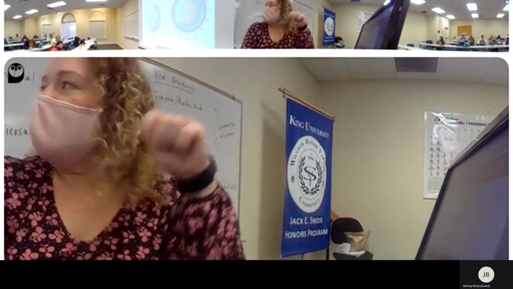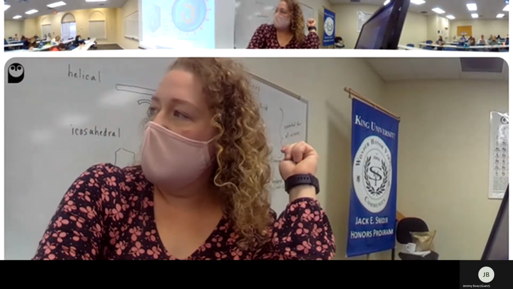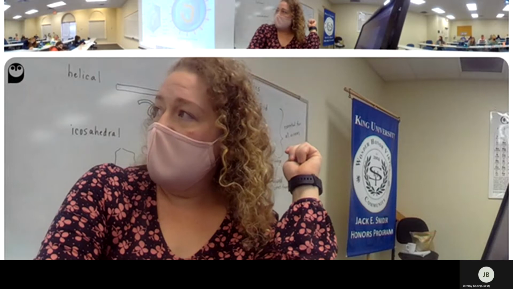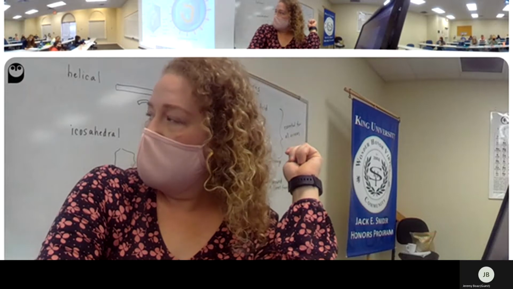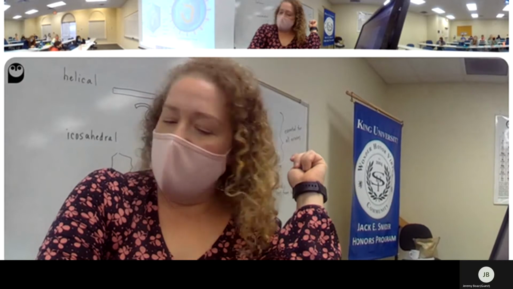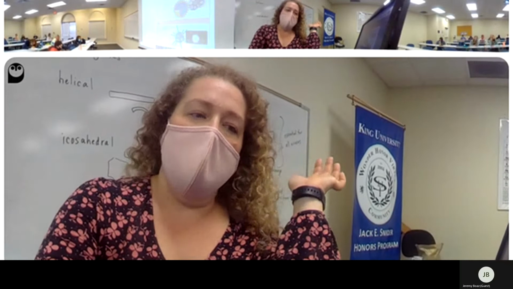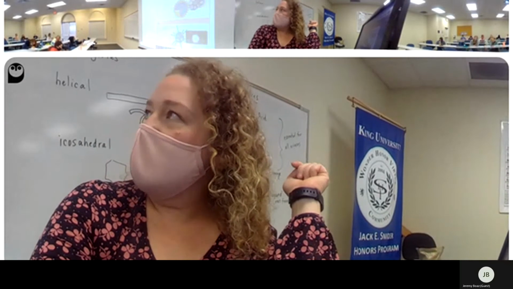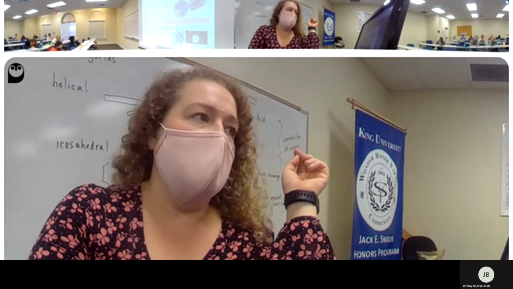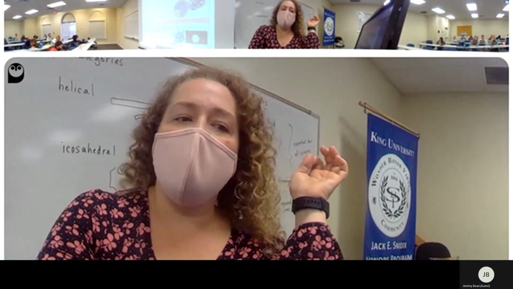So viruses might be as simple as just having the genome and the capsid. And if they've got an envelope, we call their category enveloped. If they don't have an envelope, we call their category naked. So the opposite of an enveloped virus is a naked virus.